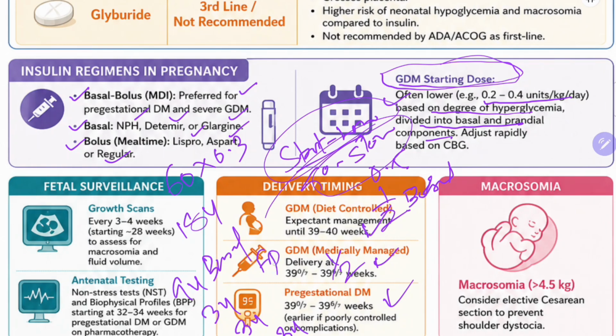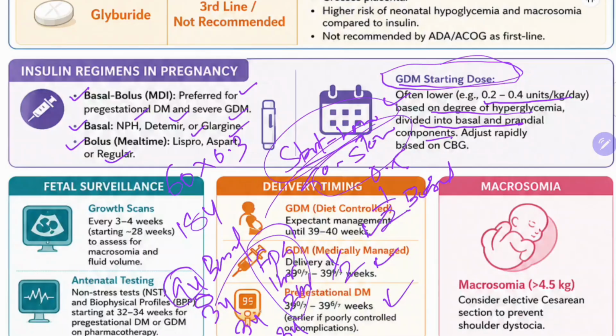Now based upon the fasting plasma glucose, 1 hour and 2 hour glucose, you will titrate the insulin levels. Okay. You can titrate similar to type 1 diabetes, similar to other regimens. For example, if the morning glucose is high, then you should increase the basal dose.